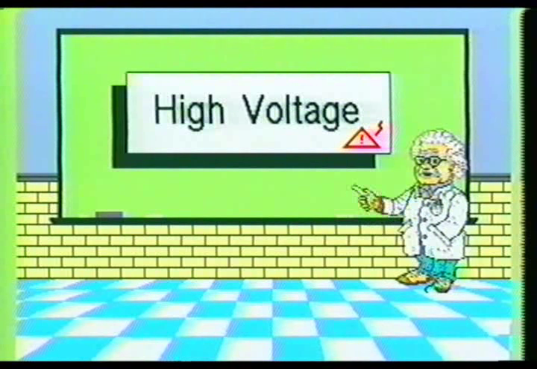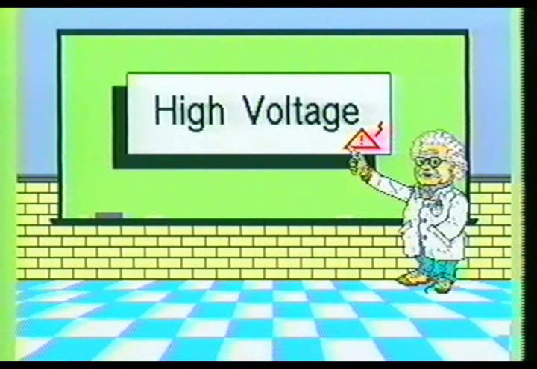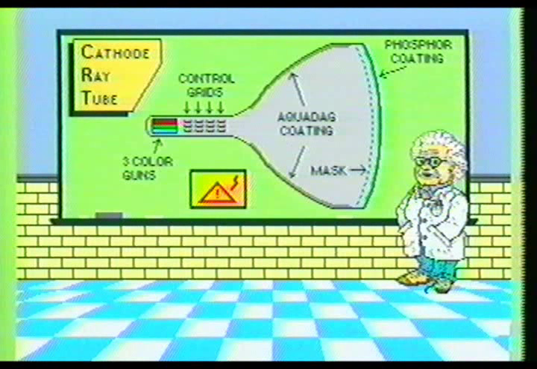The high voltage section provides the high DC voltages required to make the cathode ray tube function properly. The CRT, or cathode ray tube, is basically a specially designed vacuum tube which has the ability to momentarily store energized phosphorus particles. When scanned properly, these particles will form an image on the face of the tube.